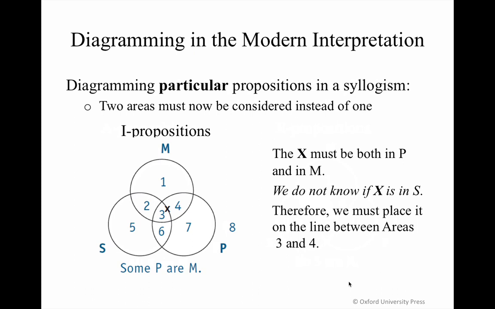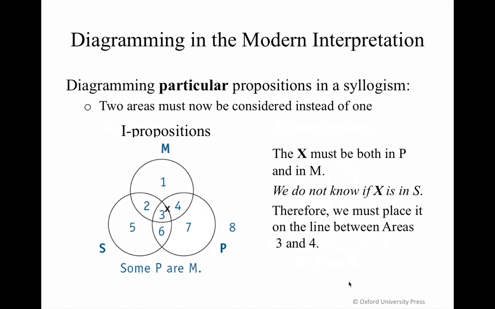When you diagram particular propositions, you're going to get into potentially some trickiness. And what I mean by that is this. Take a look at the area of overlap designated by sections 3 and 4. Notice there is an X right on the line. The X right on the line designates that the sentence does not specify if the X that is a P and an M is also an S or not.